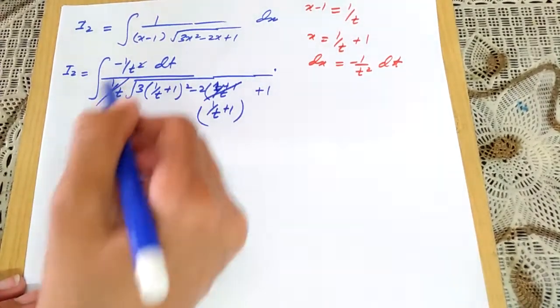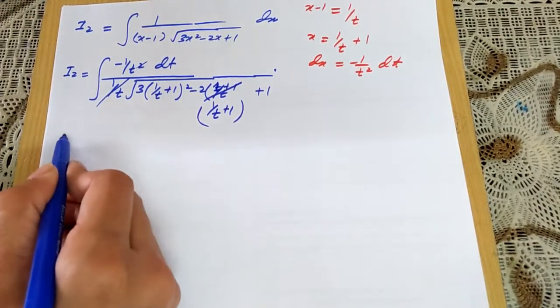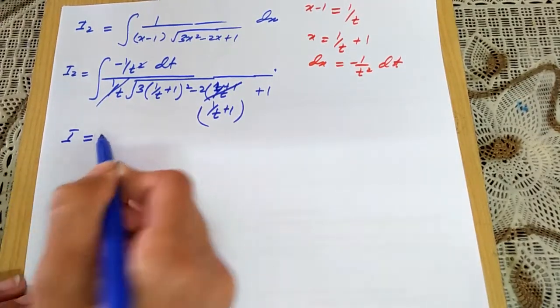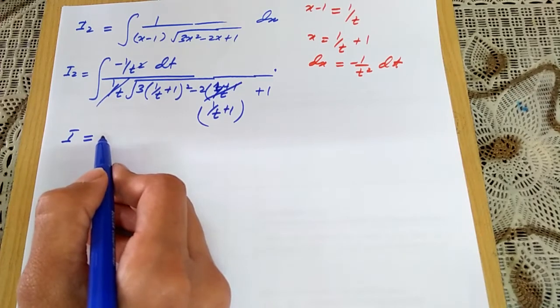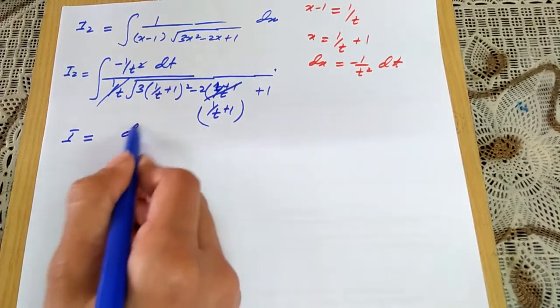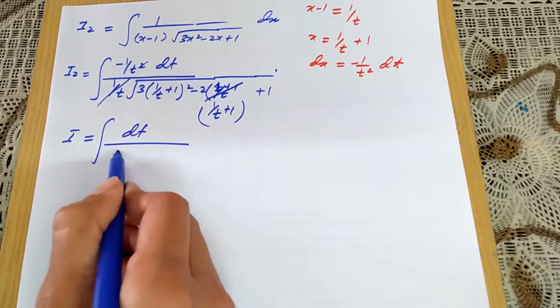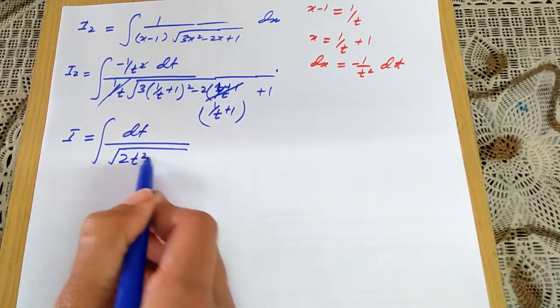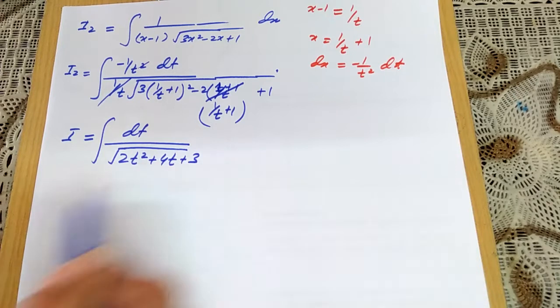Now this 1 over t will cancel with this 1 over t, and I will be left with I2 equals, after simplification I will get here dt over under root 2t square plus 4t plus 3.